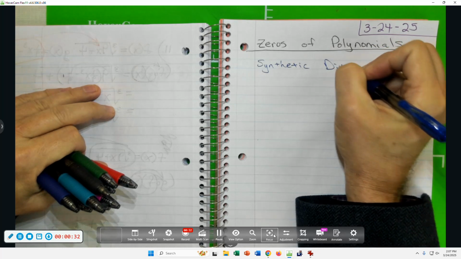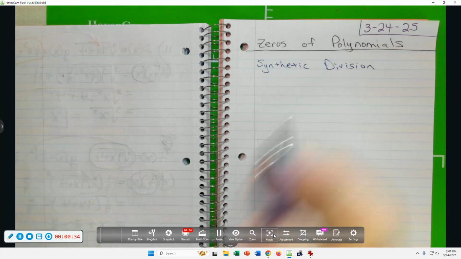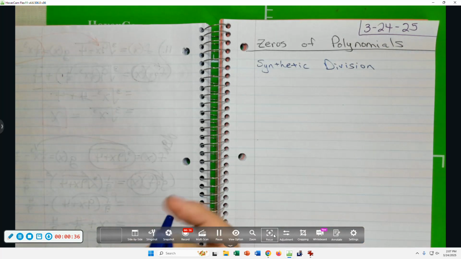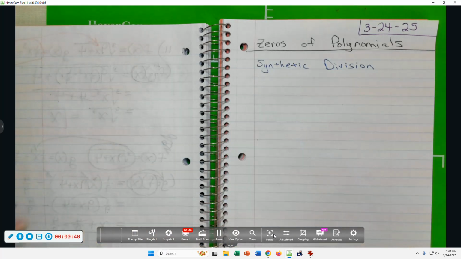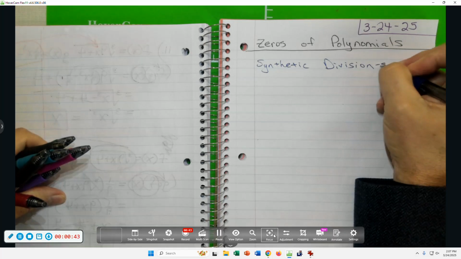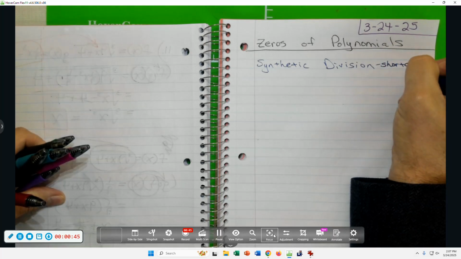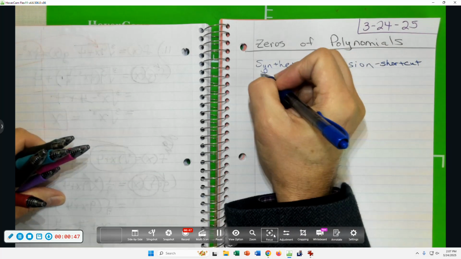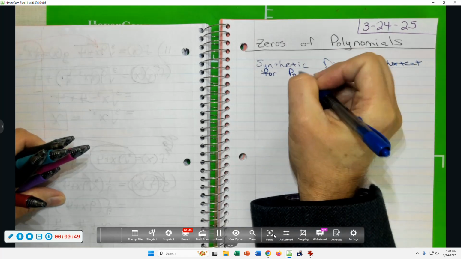Synthetic division is a shortcut for polynomial long division.